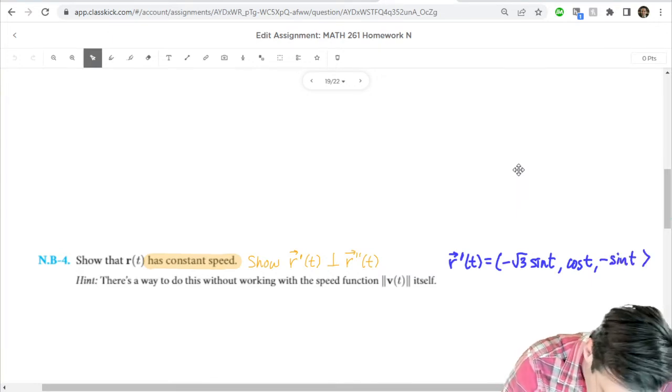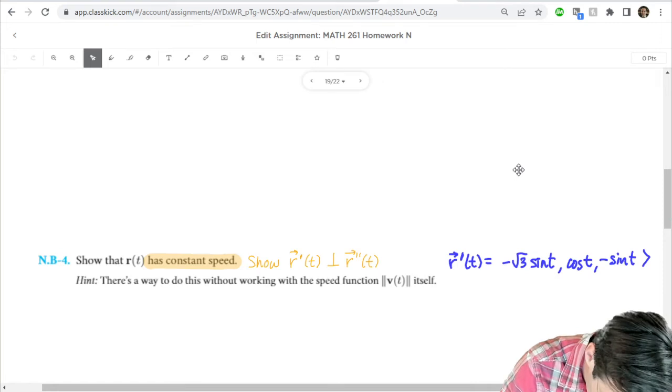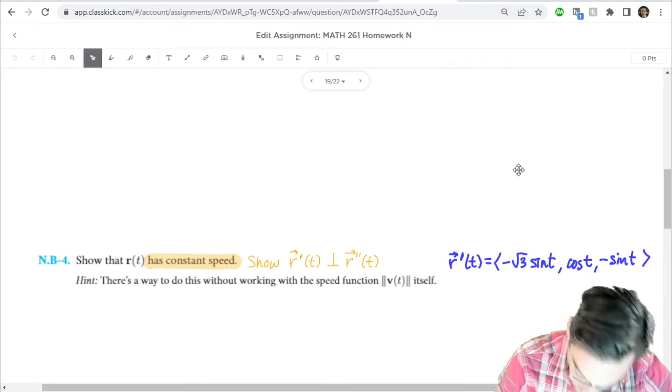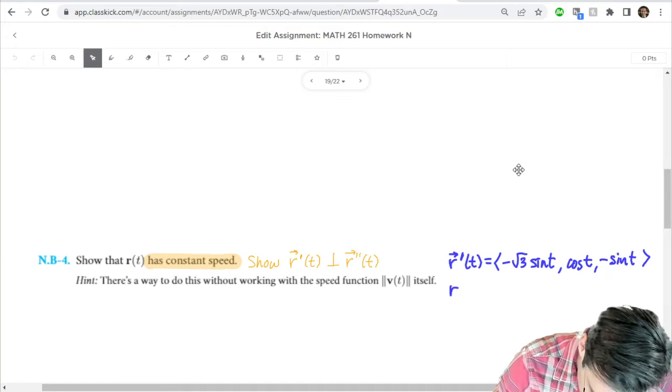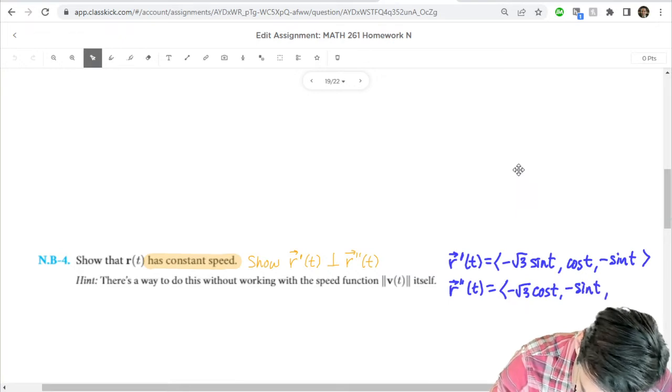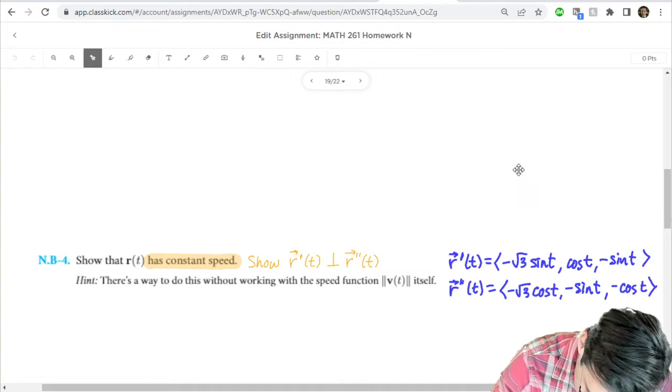Let me use angle brackets to set that off here. So there is my first derivative. Take the derivative of that. This will still be negative 3, but now it's cosine. And then I'll have a minus sign from here, and I'll have a minus cosine from this one.